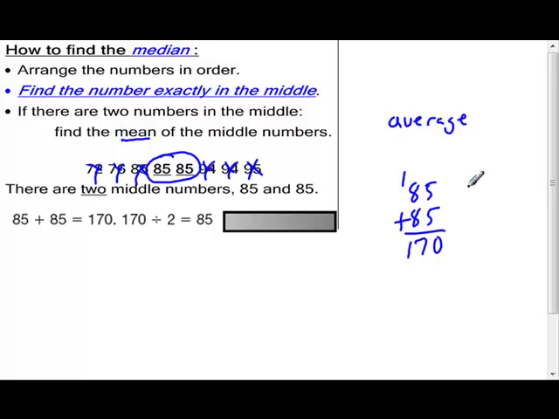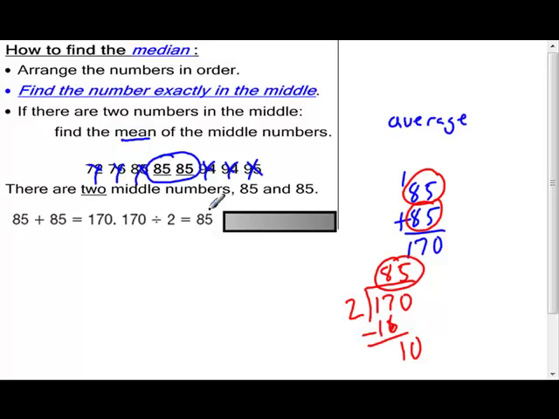And we added 2 numbers, so we need to divide 170 by 2. 2 goes into 17, 8 times, 2 times 8 is 16, 17 minus 16 is 1, bring down the 0, 2 goes into 10, 5 times. So our median is 85.